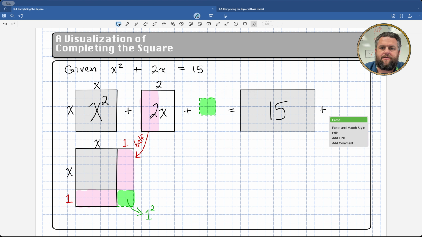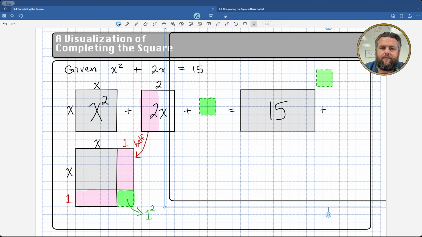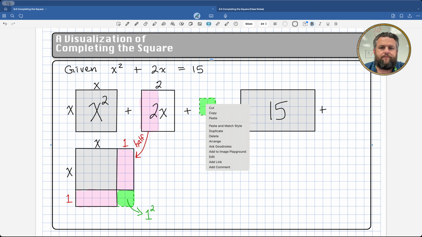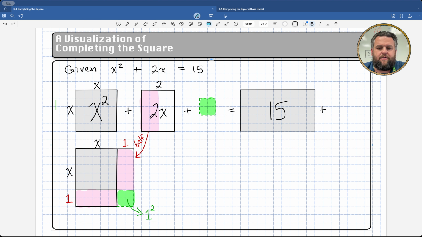We're going to copy this and paste it over here. So let's just redraw it. We have literally added the square component to both sides of the equation. This is our square constant.